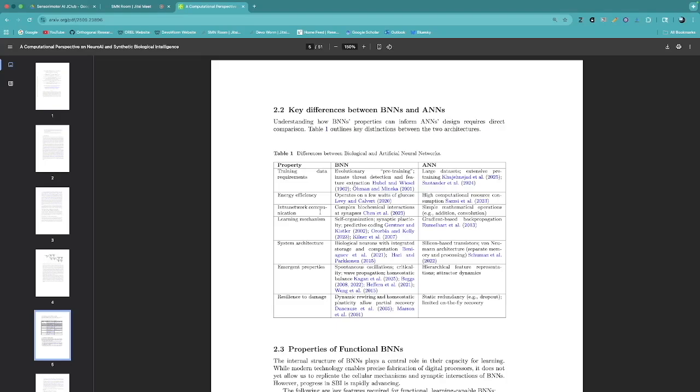Then the third point is intra-network communication. This is where we have the focus on synapses, complex biochemical interactions at synapses. You get all sorts of signaling at synapses, as opposed to artificial neural networks where we have simple mathematical operations such as addition and convolution.